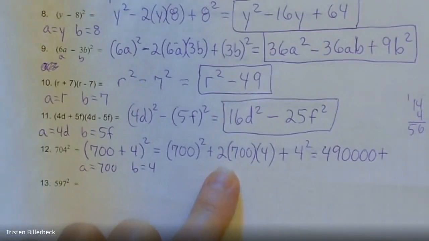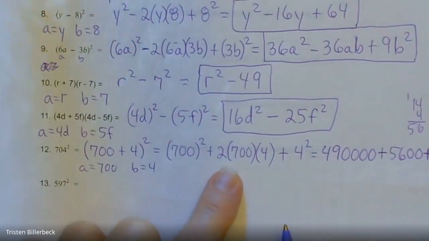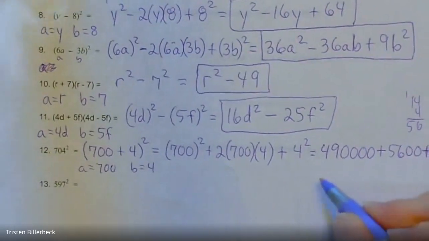Okay, so we have 5,600 plus, and 4 squared is 16. 4 times 4 is 16. Okay, so now we add them all up.